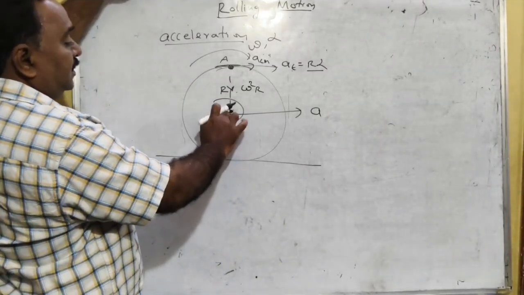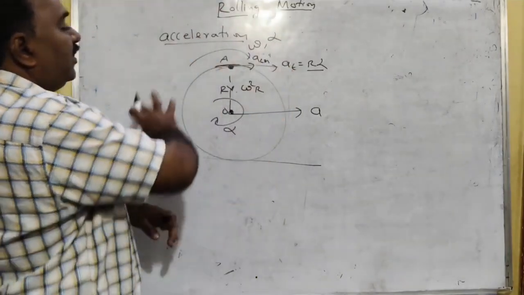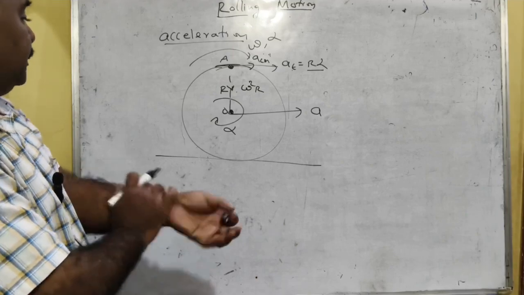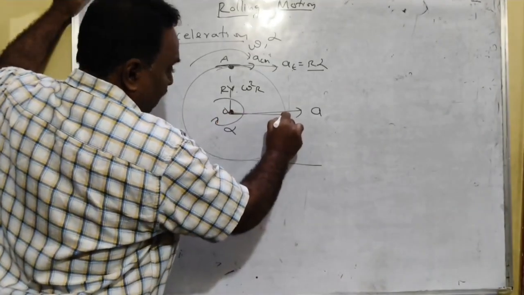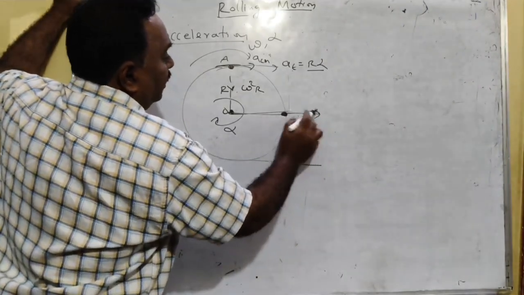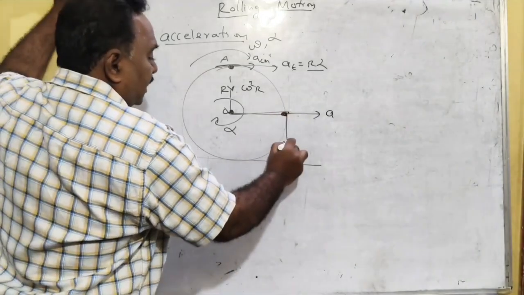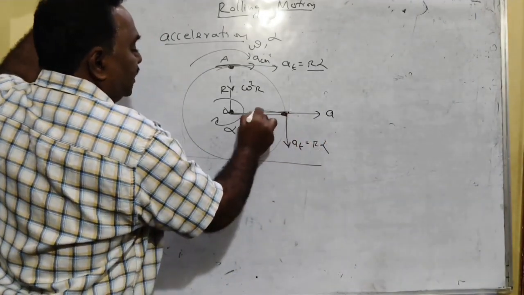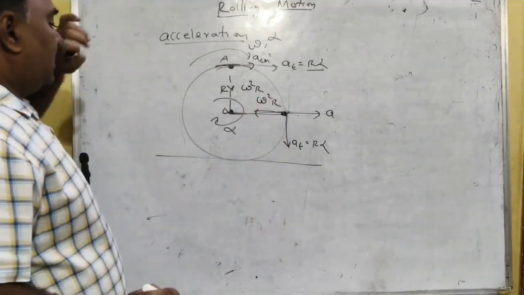Besides this, angular acceleration alpha is common for the rolling body, which is moving with constant angular acceleration. Similarly, at another point you see here also translational acceleration acting, and tangential acceleration is equal to r alpha, and again at this point radial acceleration is omega square r acting towards the center.